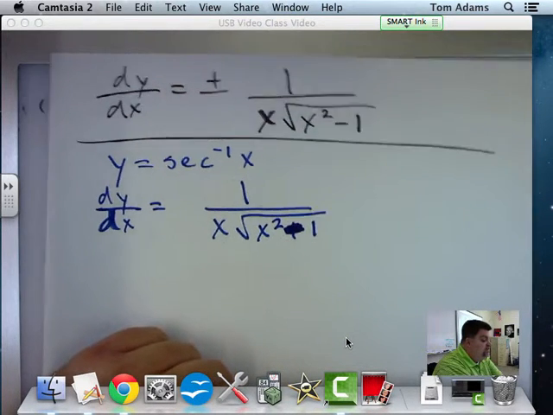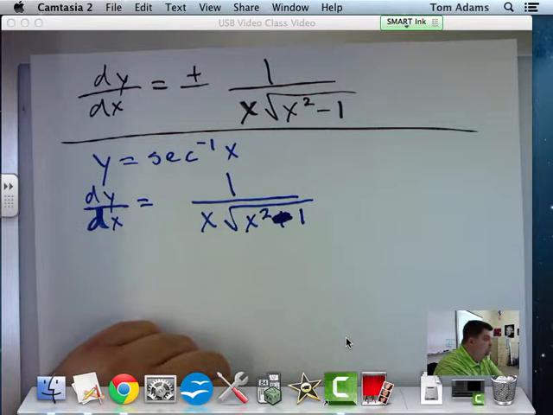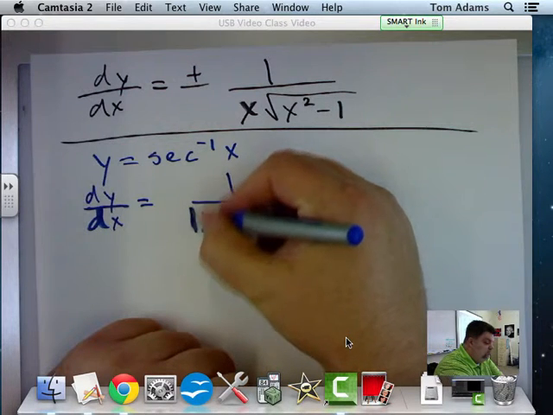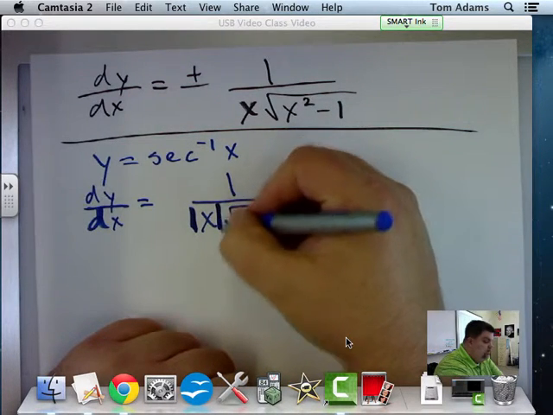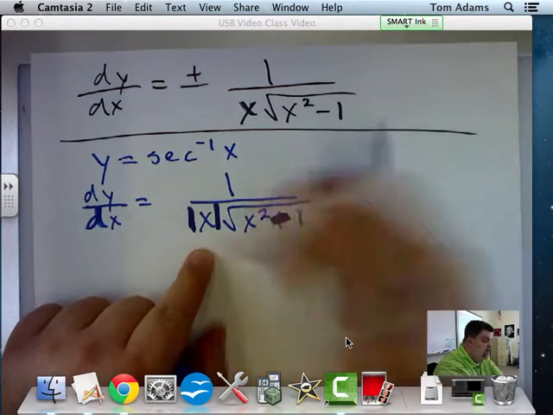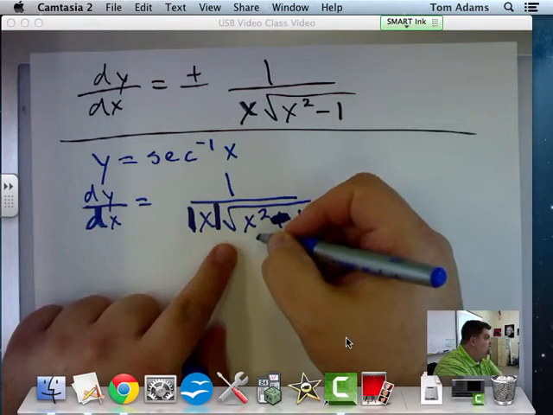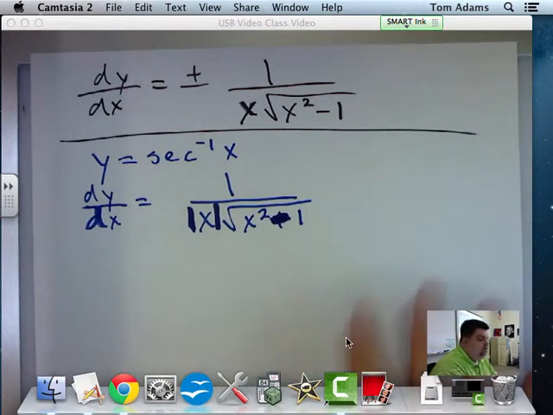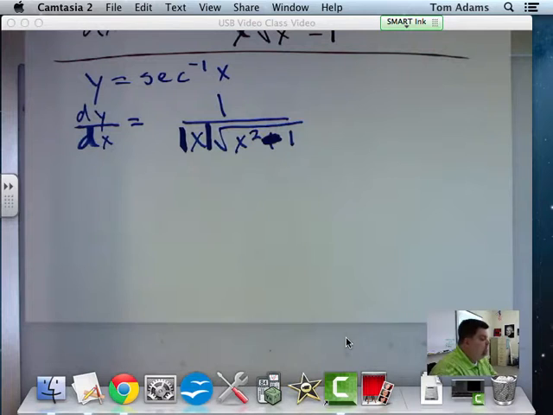How can I guarantee that this always yields a positive number? x has to be greater than 1. This will always be positive, and then when you square this x value, that will be positive as well. So that's the derivative of arc secant of x.